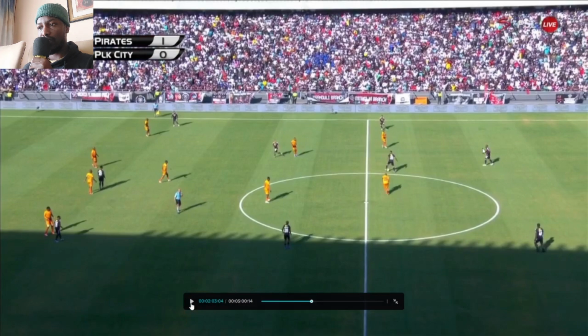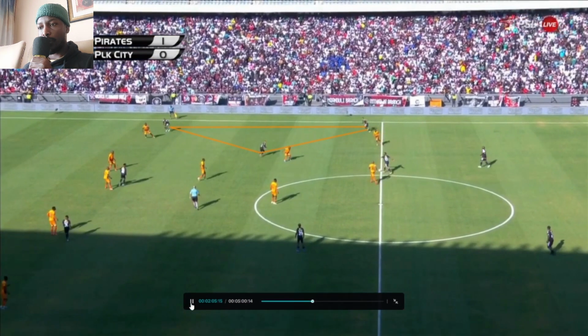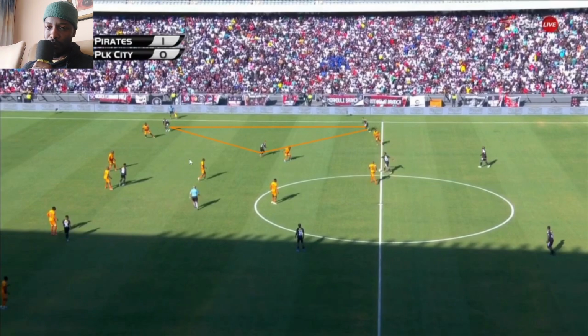So here we have another pattern we see from Pirates, is that they created triangles also on the sides. They did the same on the left hand side, but now the example we show here is the triangles they created on the right hand side. As you can see here, this is the fullback, and then there's Appollis, and then I think this is Sihlendule.